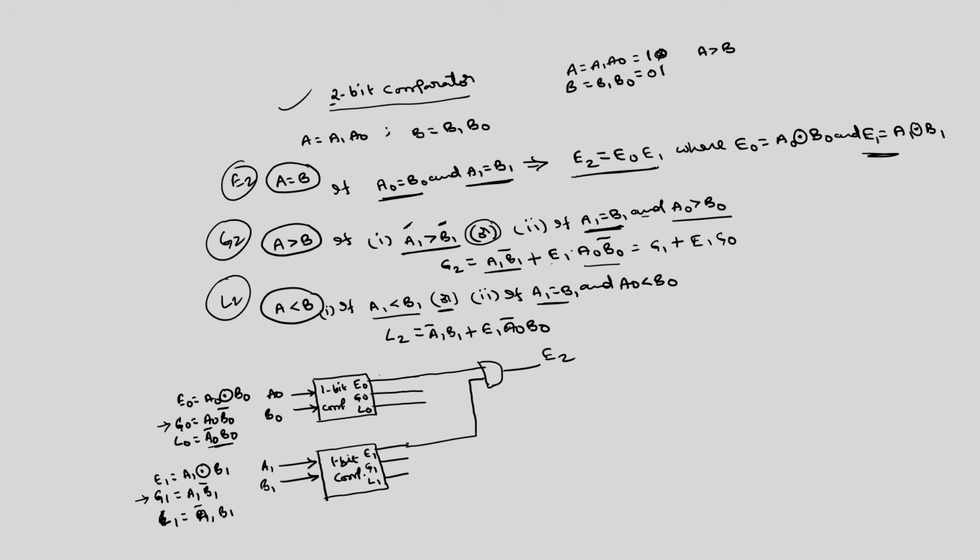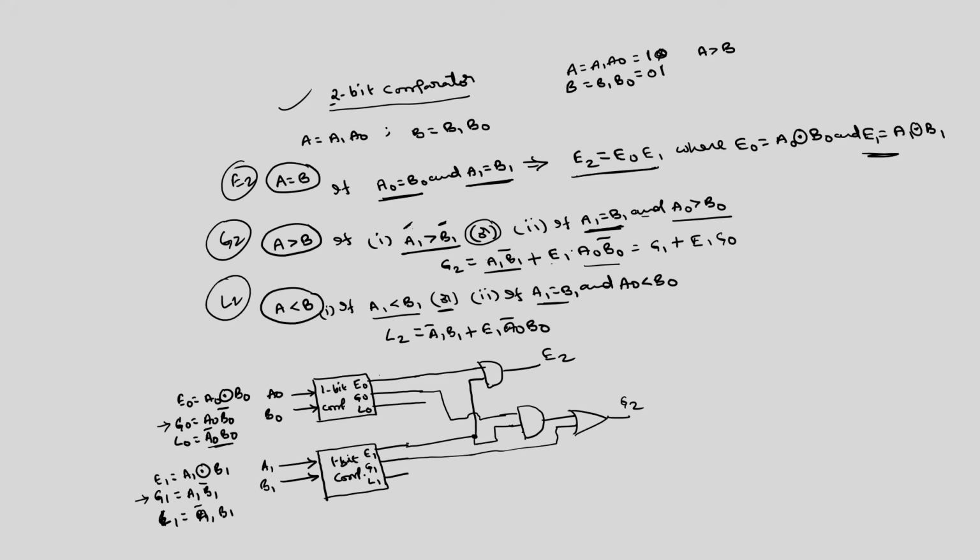So this G0 and this E1, you AND them, and then OR with G1, and you will get G2.